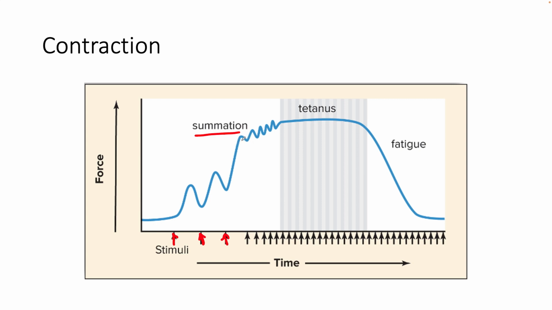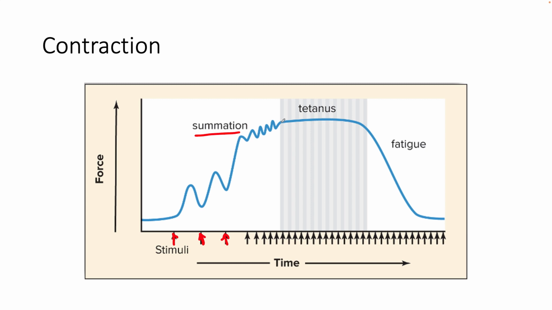Once you give more and more and more stimuli, you see how the stimuli are closer together here? We're going to get more and more summation, and that allows us to generate enough force to move the muscle. Now, at some point, if you give enough stimuli close enough together, the muscle can no longer increase its force.